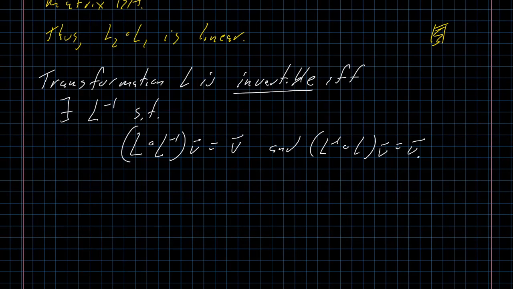All right. So it's been a while since I've used this symbol. The backwards looking E here is read as there exists. So transformation L is invertible if and only if there exists an inverse transformation L inverse such that L composed with L inverse acting on V is equal to V, and L inverse composed with L acting on V is equal to V as well.